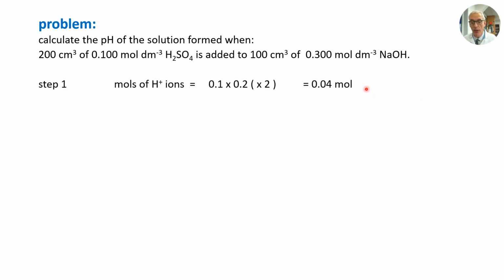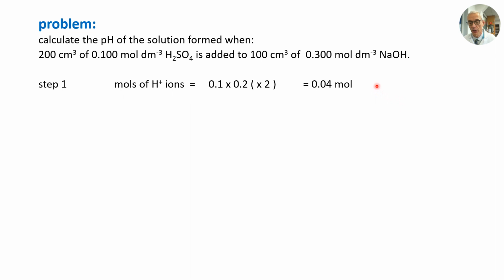So the moles of hydrogen ions, concentration times volume times 2. Sulfuric acid is dibasic. 0.1 is the concentration of sulfuric acid. 0.2 is the volume of sulfuric acid. And for every 1 mole of sulfuric acid, we get 2 moles of hydrogen ions.